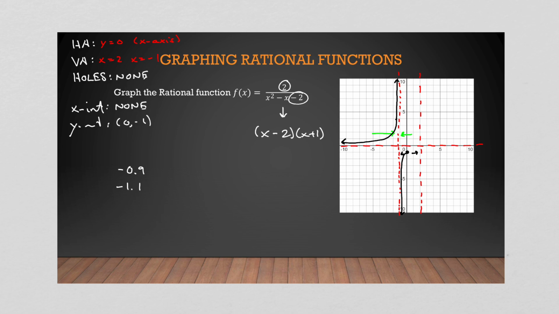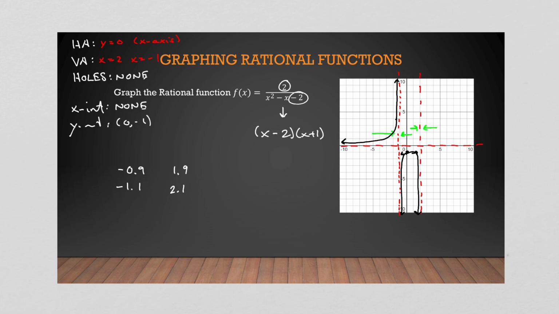And then the other values I chose to try in the table were 1.9 and 2.1. And what those do is that approaches this asymptote from that side and from that side. And what you get is, in this scenario, this graph turns back on itself and goes back down again. So like I said, it's possible that it would have turned and gone up and cut through that horizontal asymptote, but it does not in this scenario.